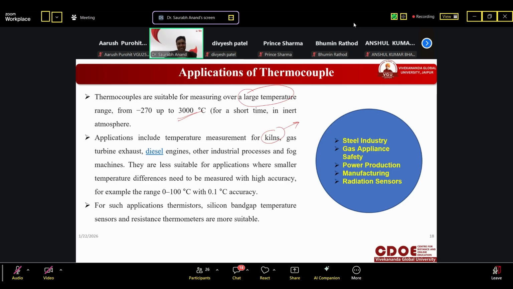Meenal is saying correct, the best answer. Gas turbines, diesel engines. Anywhere we want to monitor the temperature variation continuously. In kilns we want to see the temperature inside, because if the temperature is less, then it will take more time. So we have to monitor continuously. In the diesel engine, as well as whenever you drive a car, you continuously see the temperature, because sometimes the engine becomes hot when you are driving continuously for 500 kilometers.